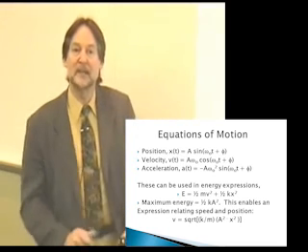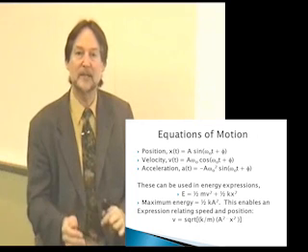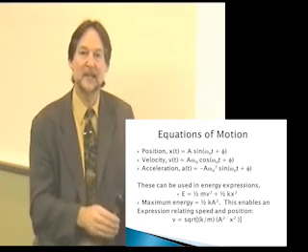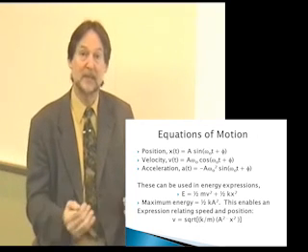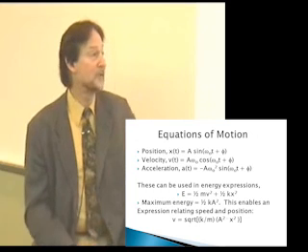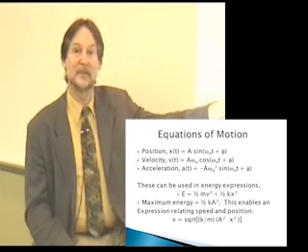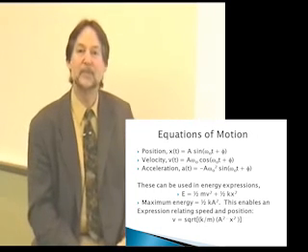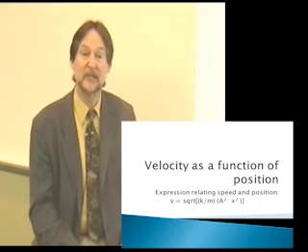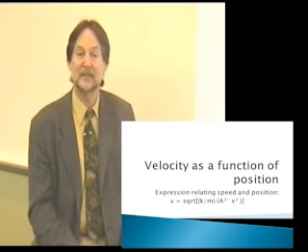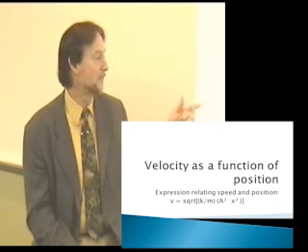So we have a dynamic system here which is trading back and forth between kinetic and potential energy as it moves up and down. But in that trade-off, the total energy stays constant. We can use that as a means of calculating the velocity at the equilibrium point, or the maximum extension of this spring in its motion.